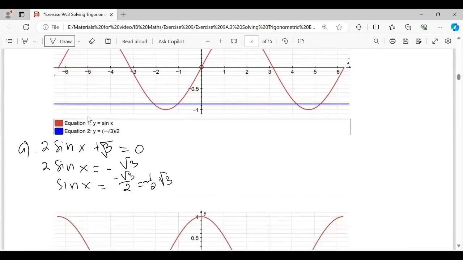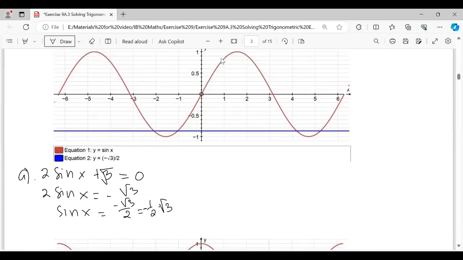So this is, wait, I'm going to show you. This is a graph of sine x from negative 2 pi. This is negative pi until 2 pi here.